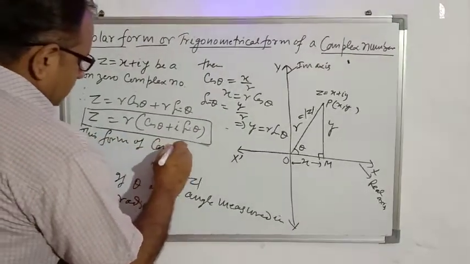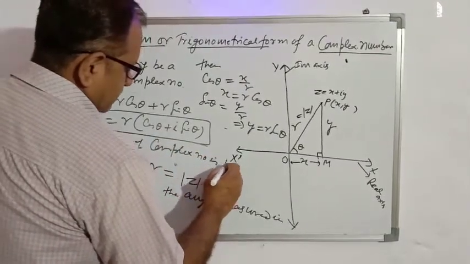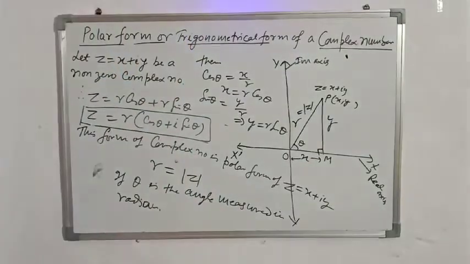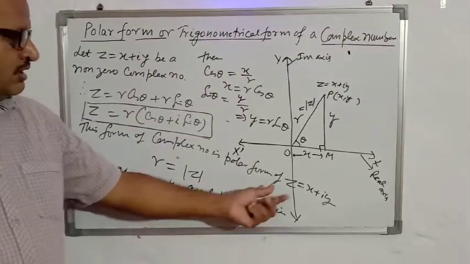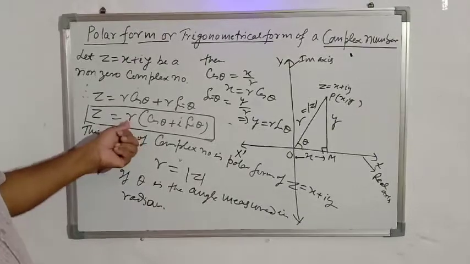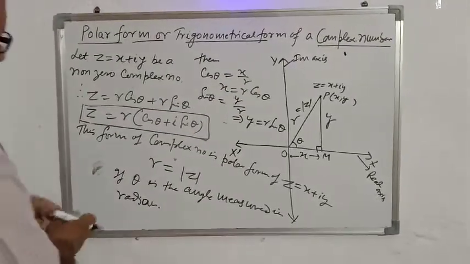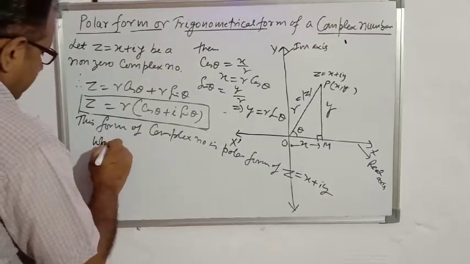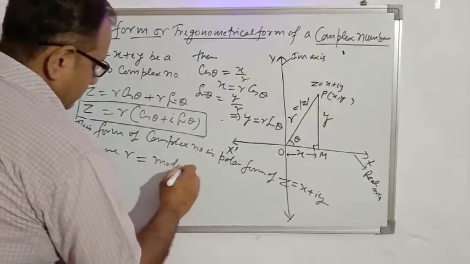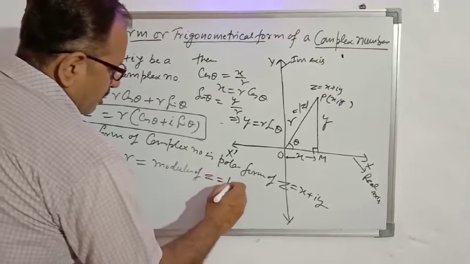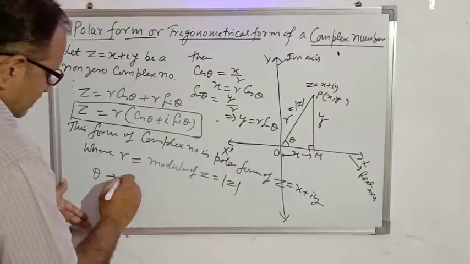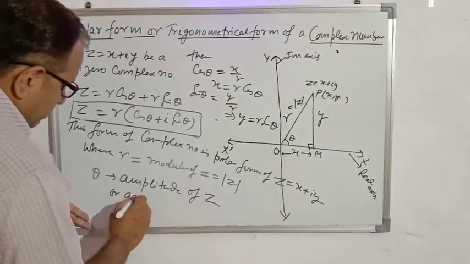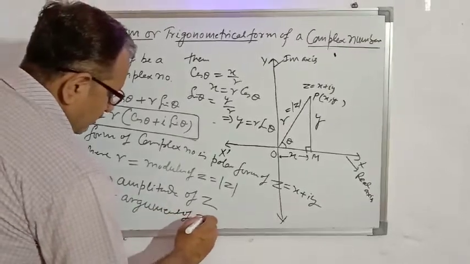This form is called the polar form of the complex number z is equal to x plus iy, where r is the modulus of z, meaning mod of z, and theta is the amplitude of z or argument of z.